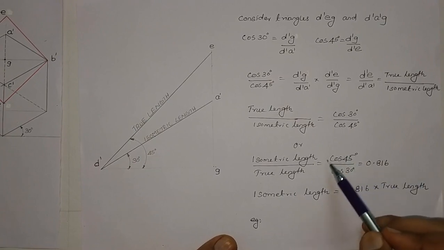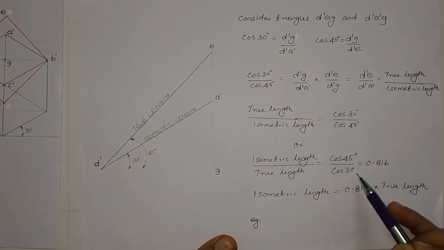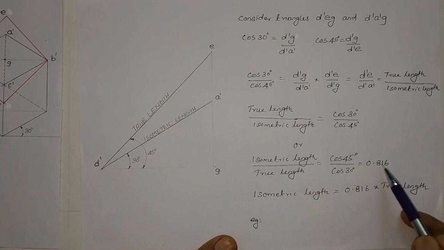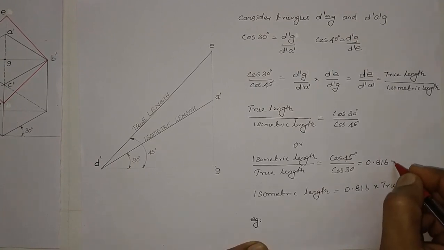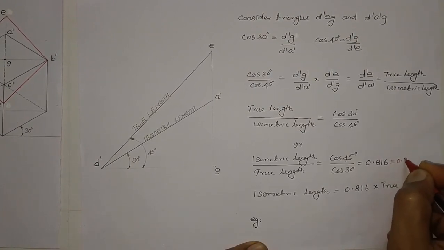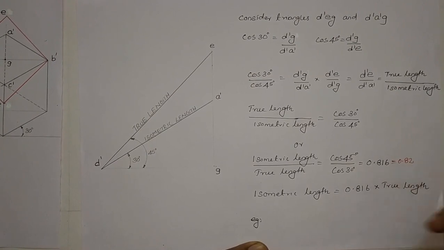We can calculate cos 45 divided by cos 30 using a calculator. It is approximately equal to 0.816. You can even take it as 0.82.